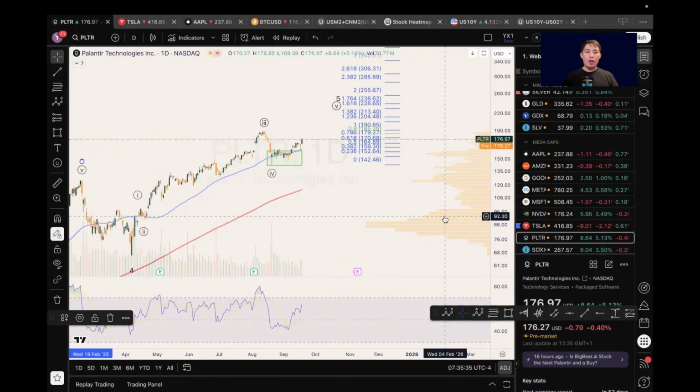Palantir, pretty bullish price action yesterday, followed by a slight consolidation pattern from the prior week. It does look like we're on track for this wave 5, and that could reach above 200, 210 even.